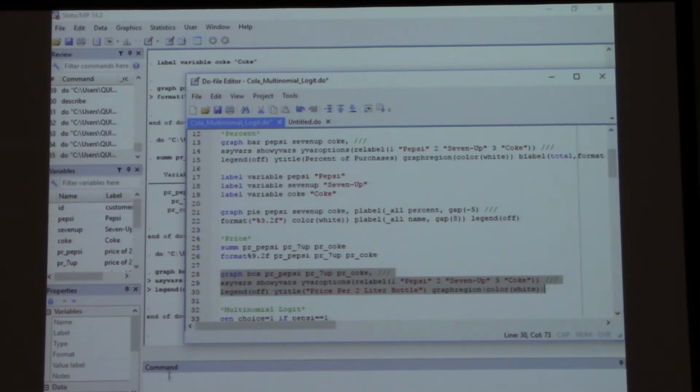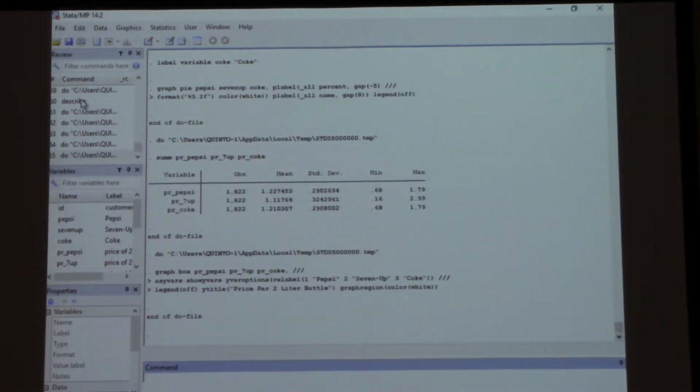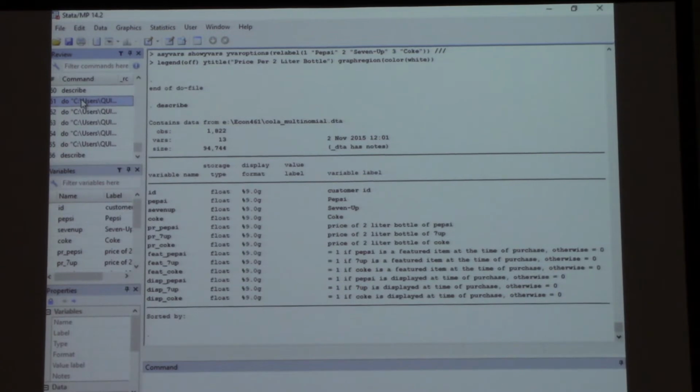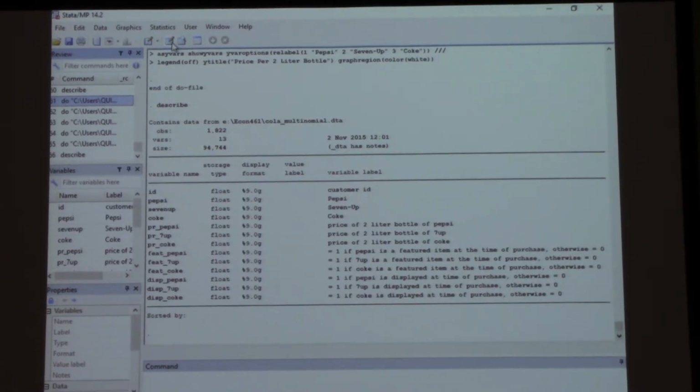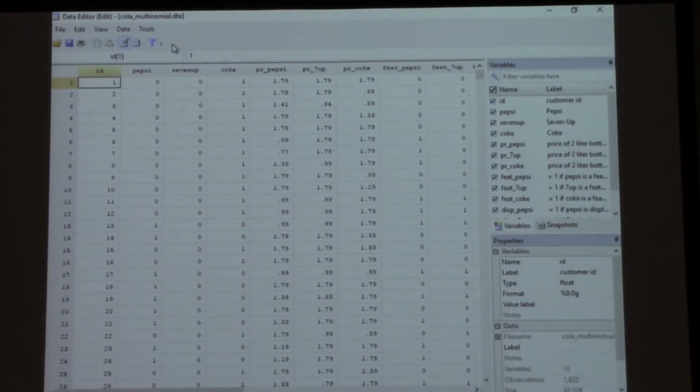All right, so essentially, and I think I can do this in it. Essentially, this is how the data comes from Nielsen or IRI. It comes in this format where we get an ID. We got dummies for each of these. Here's a dummy for Pepsi, for 7-Up, for Coke.